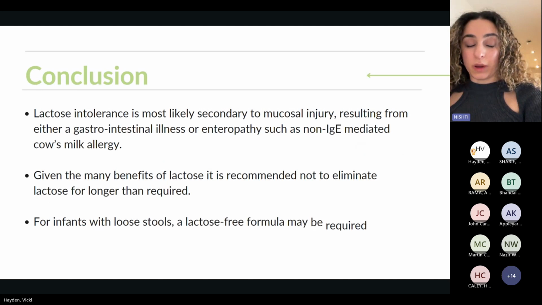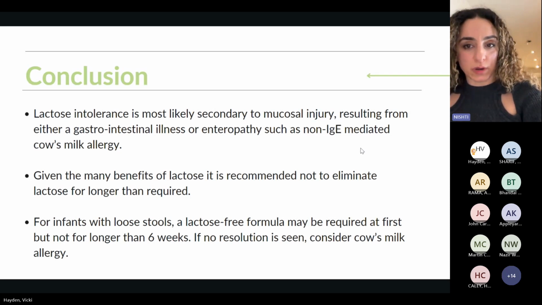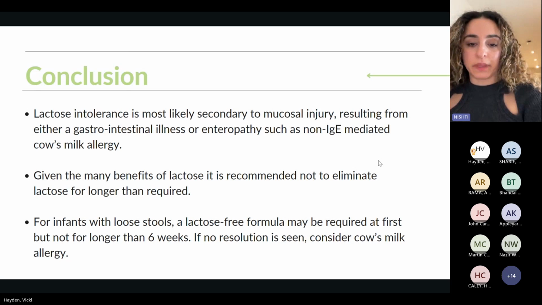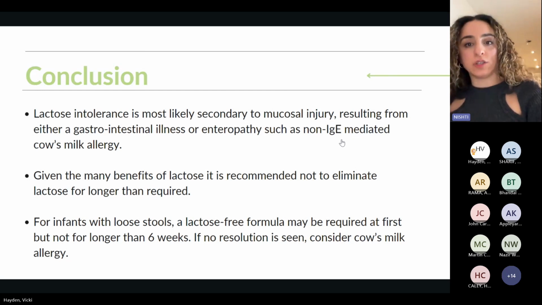So really what we discussed was that lactose intolerance is most likely secondary to mucosal injury, resulting from either a gastrointestinal illness or enteropathy, such as non-IgE mediated cow's milk allergy. I think 8 out of 10 referrals are often written as this child has suspected lactose intolerance, when in fact it's cow's milk allergy.